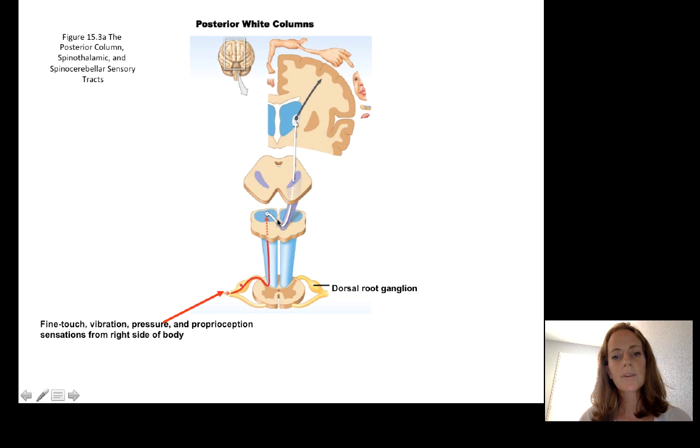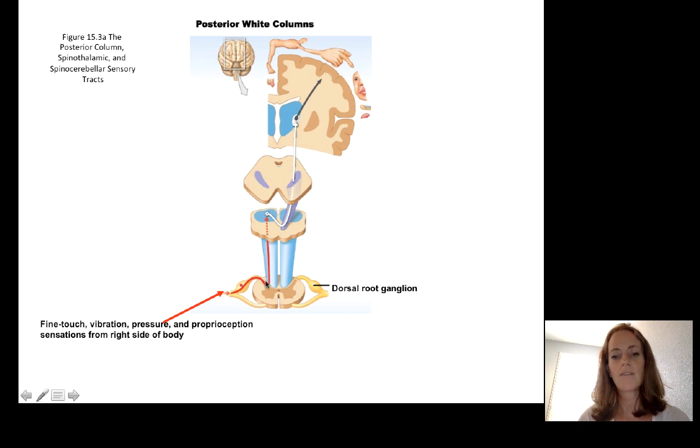So first, the posterior white columns. These are the first ones we talked about. So we'll have the sensory information of touch, vibration, pressure coming into the dorsal root of the spinal cord, and then going into the posterior white columns and traveling up to the lower regions and then the higher regions of the brain.